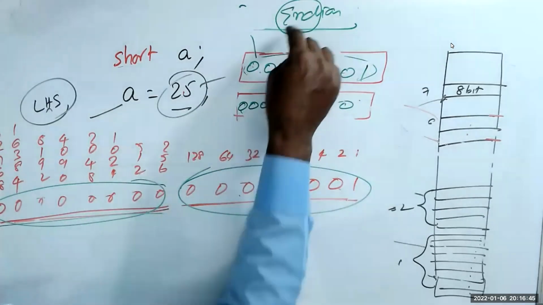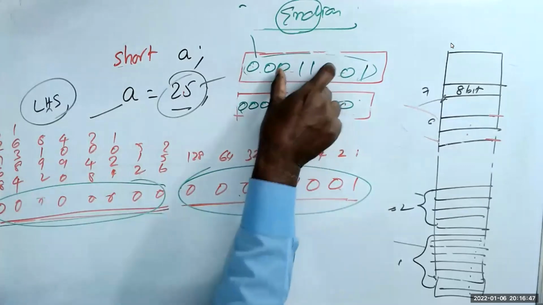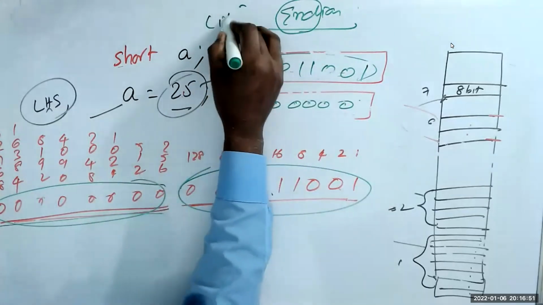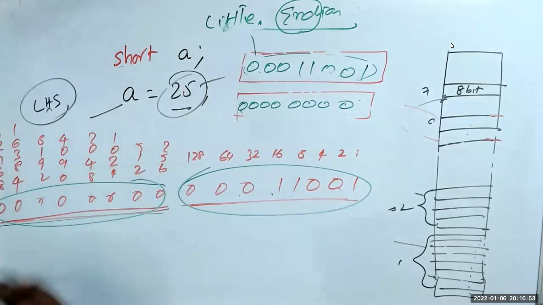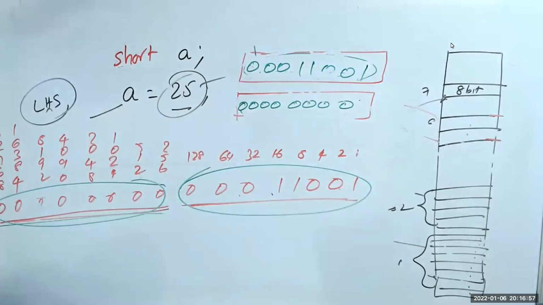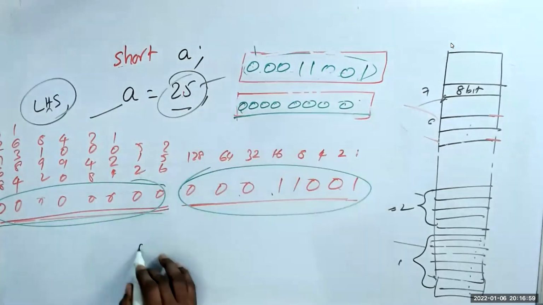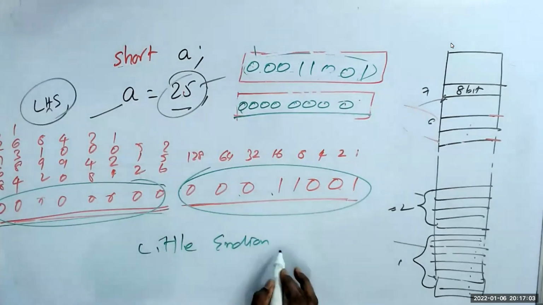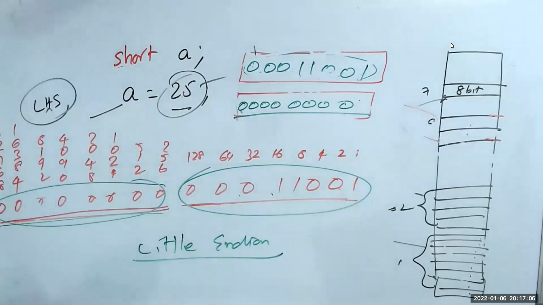It's ending at the end, one is coming in a little one or big one. That's the thing. Little endian, not Indian. Okay, don't worry about it too much. Now we are doing on Intel machine. Intel machine follows the standard, little endian. So don't get confused about little endian or big endian.